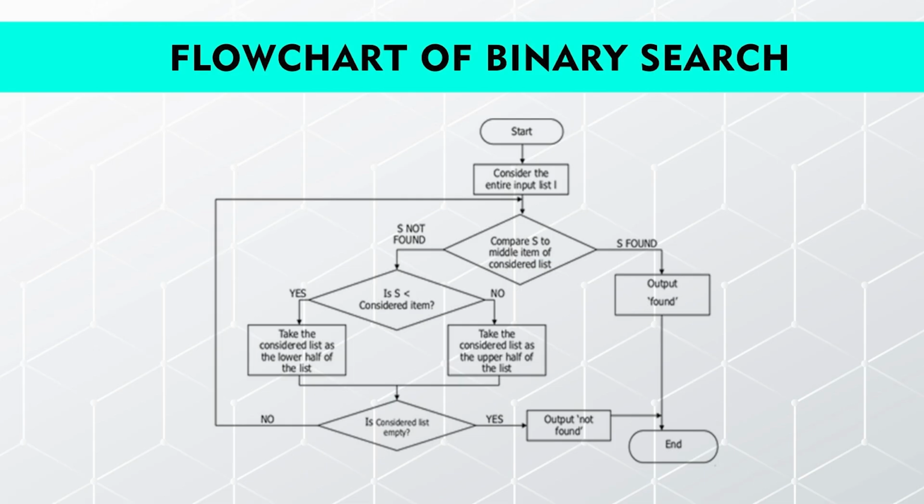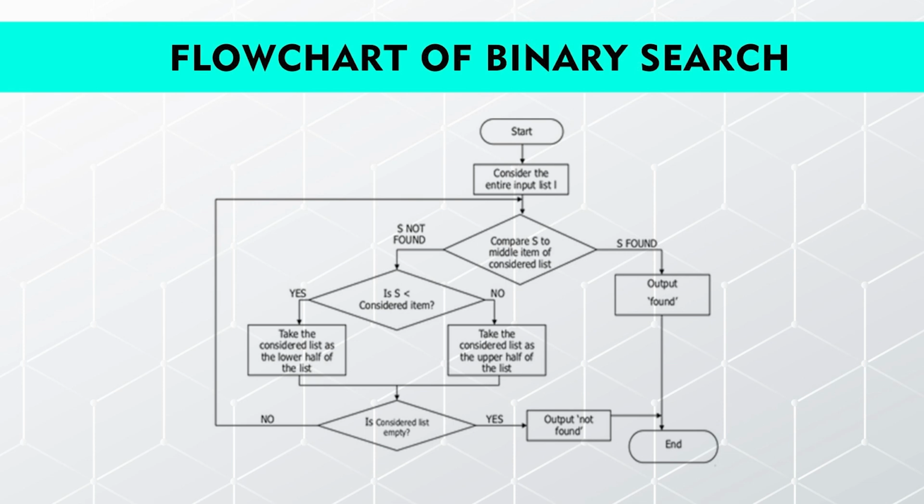Generally it is in ascending order. So we compare the element to be searched with the middle element, and if it is found at the middle, it is found. If the element to be found is less than the middle element, it is to be searched in the left hand side of the list, and if it is more than the middle element, then it is to be searched in the right hand side of the list.